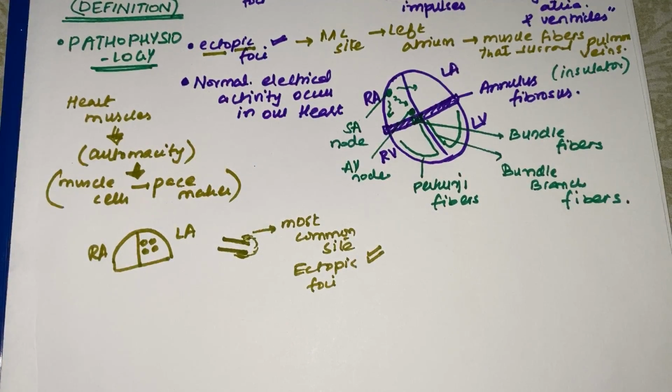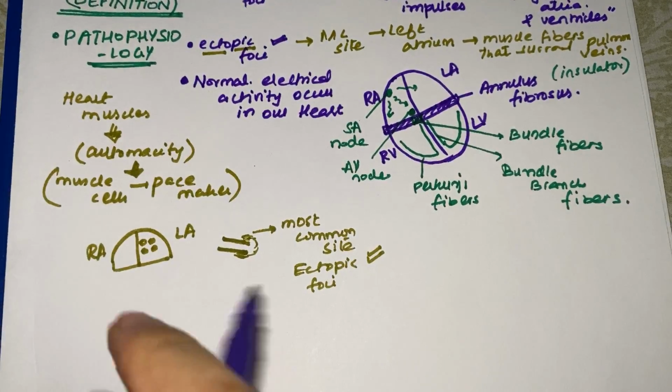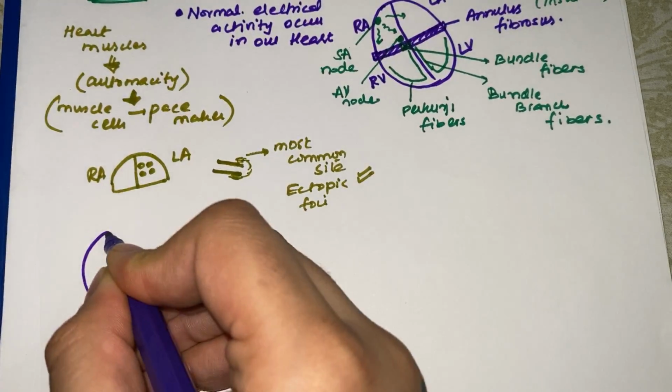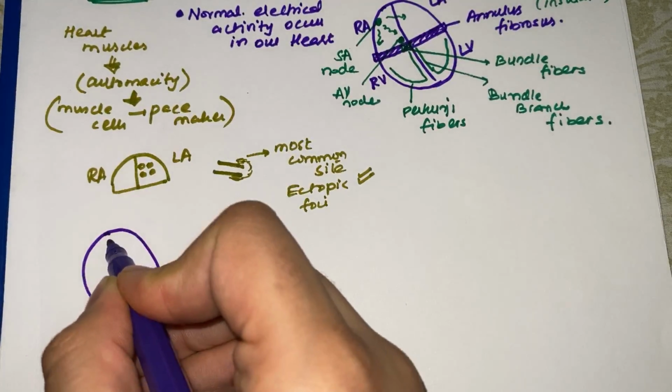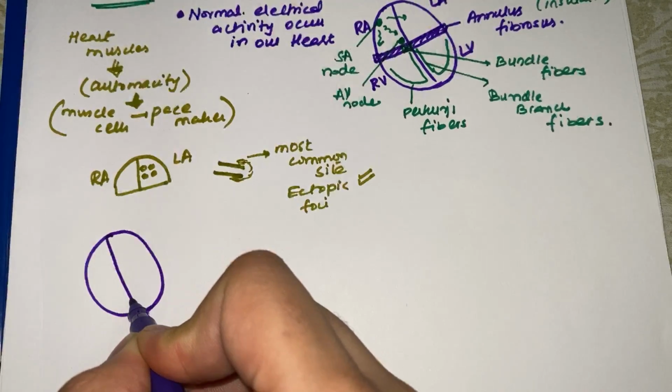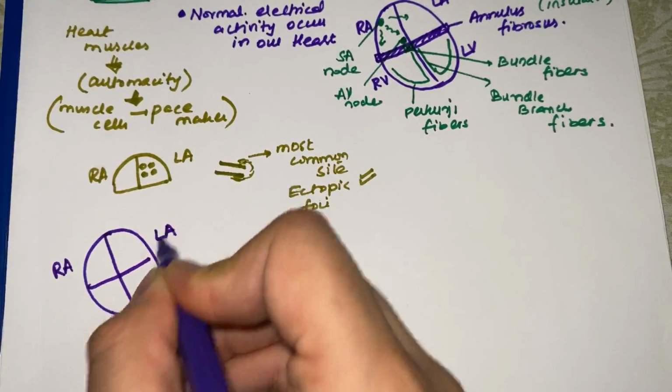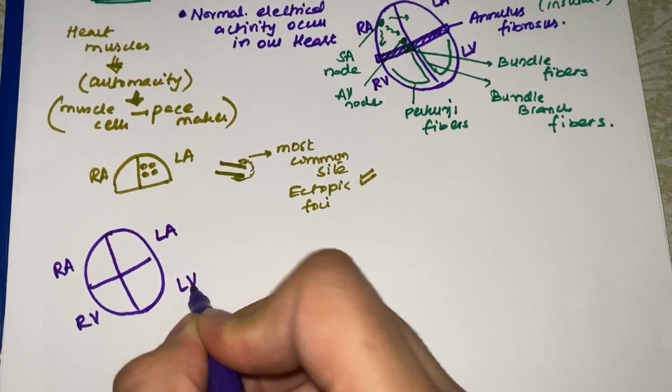Moving on to the pathophysiology, or how atrial fibrillation occurs, we are going to discuss that now. Okay, now imagine that this is, suppose, our heart. Again, this is the right atrium, left atrium, right ventricle, the left ventricle.